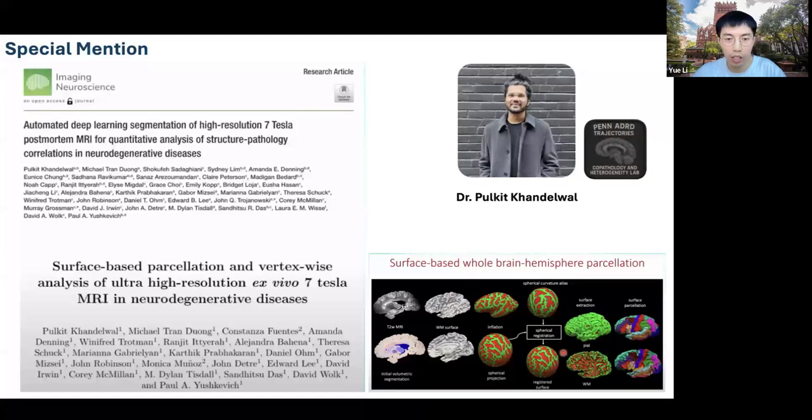So I think it indeed adds some value to the volumetric features, but I don't know how much value it can add for the final volume-based segmentation, because this parcellation is finished in the mesh space instead of the volume space.